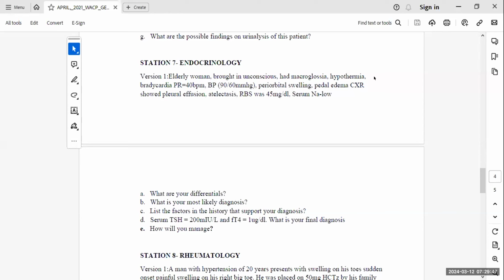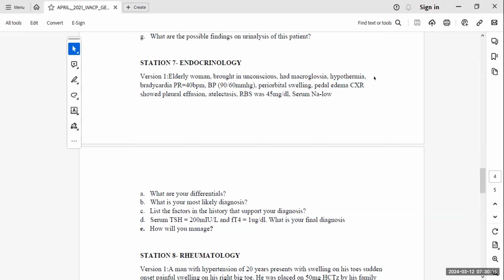So there are six hypos we see in myxedema coma, which this patient actually has. I'm just trying to draw our attention back to the six hypos in coma associated with hypothyroidism: hypothyroidism, hypoglycemia, hyponatremia, hypothermia, hypotension, and reduced pulse, which this patient has. So that's just an addition that I have to this.